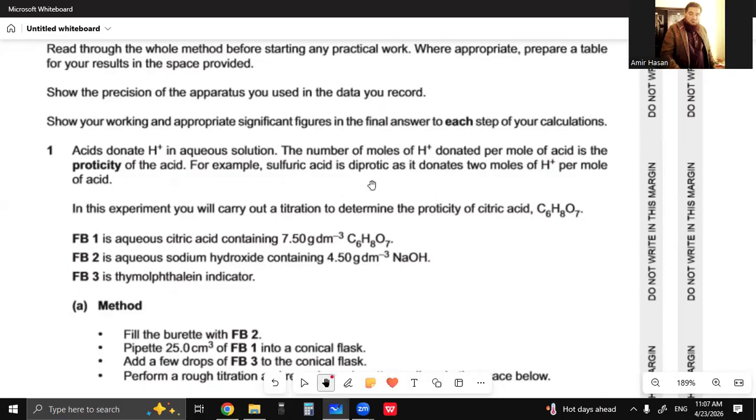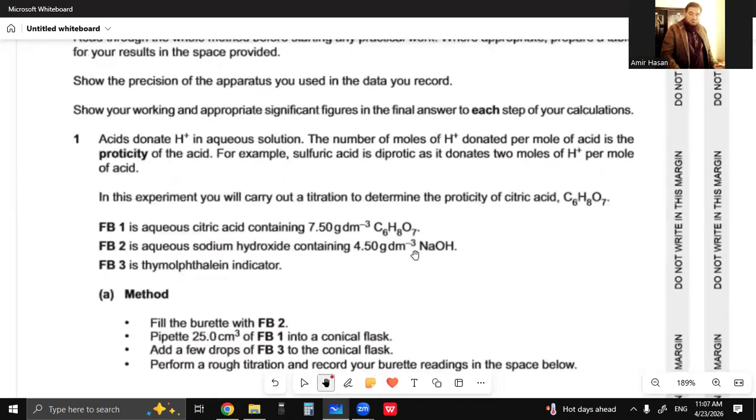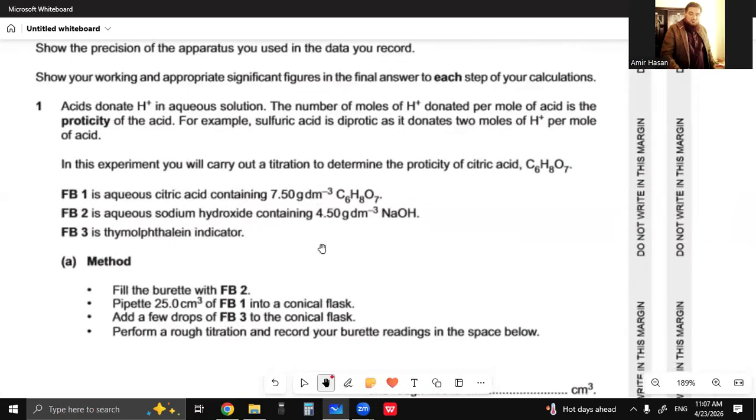It means the acid is giving H plus ions in the solution. For example, sulfuric acid is diprotic because H2 is present. It donates 2 moles of H plus per mole, because in the formula H2SO4 there are 2 H ions present. That's why we say this is diprotic. And normally every acid, mainly strong acid, contains hydrogen ion concentration.